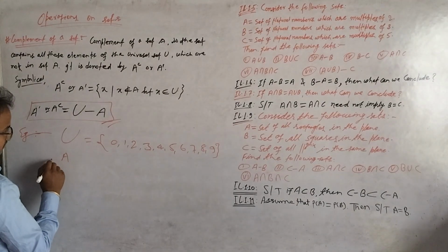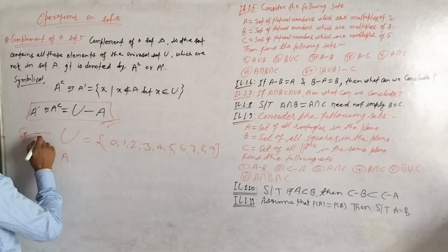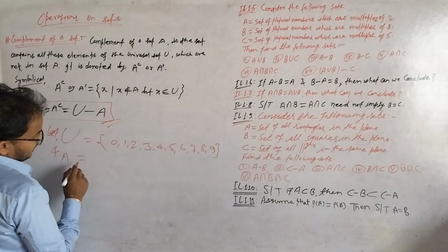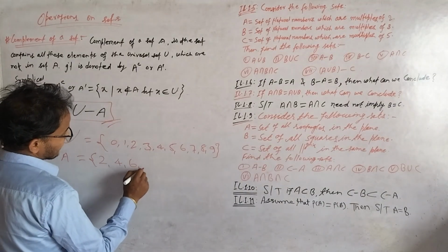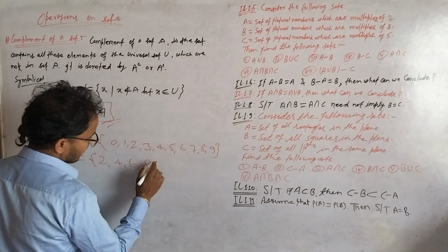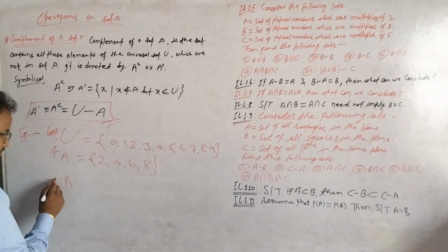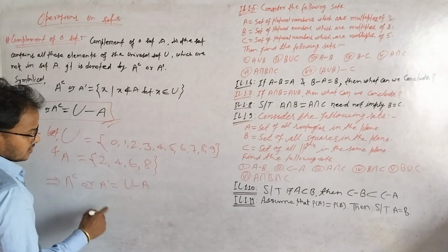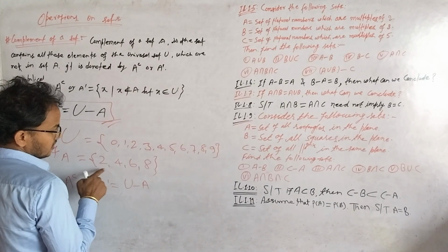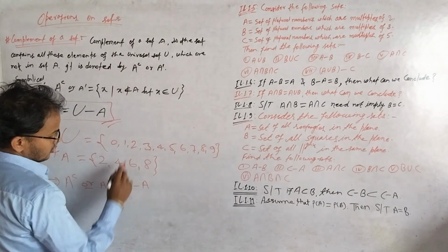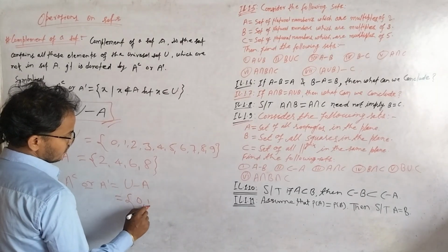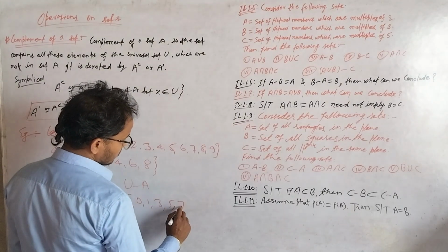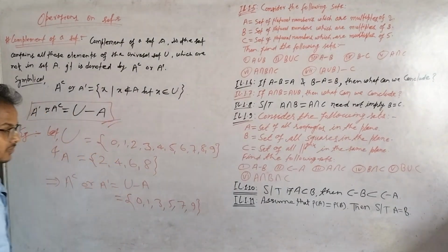Let set A be 2, 4, 6 and 8, then find the complement of set A. This implies A complement is U minus A, means subtract those elements present in A, 2 4 6 8, from the universal set. Then 0 1 are left, 2 is cancelled out, so 3 is left, 4 is cancelled out, then 5 is left, 6 is cancelled out, so 7 and 9 are left. Our complement elements are 0 1 3 5 7 9, okay.